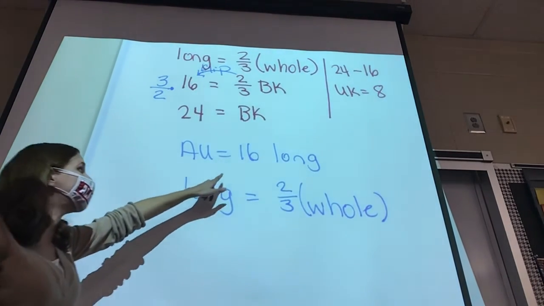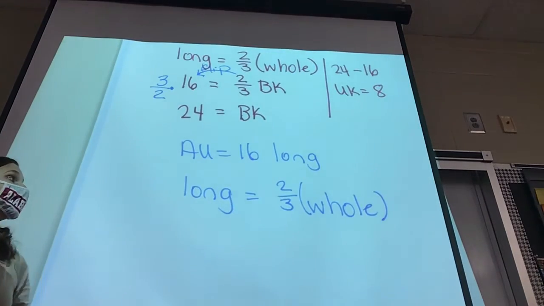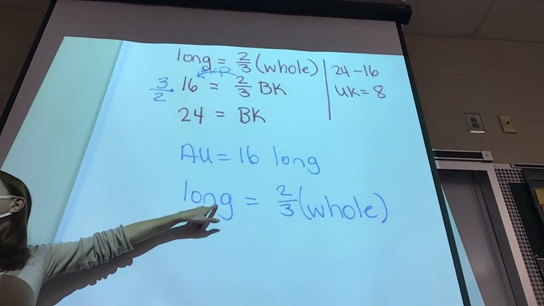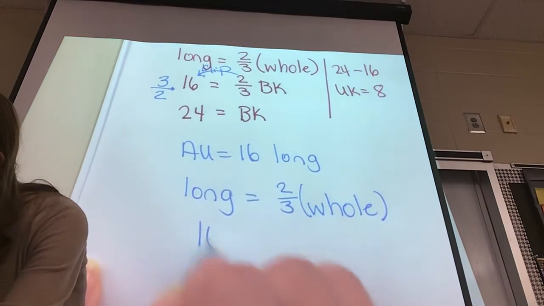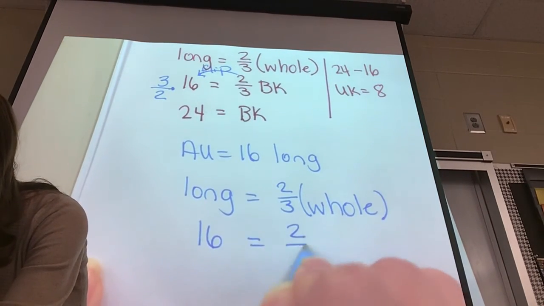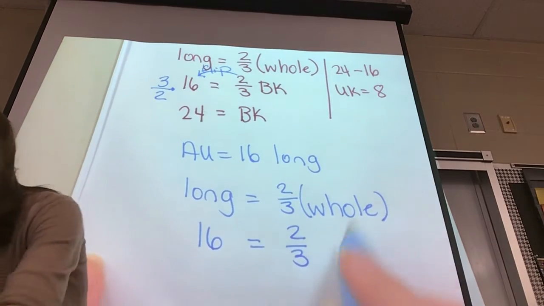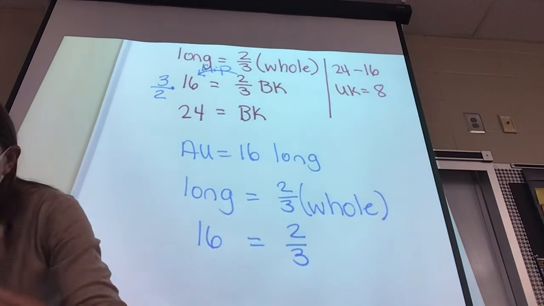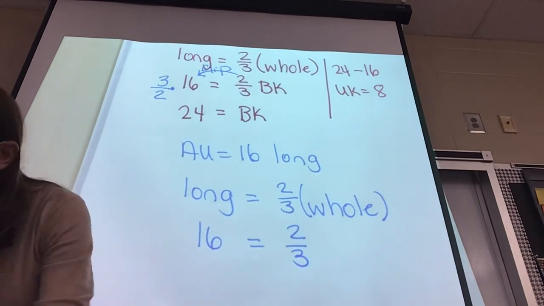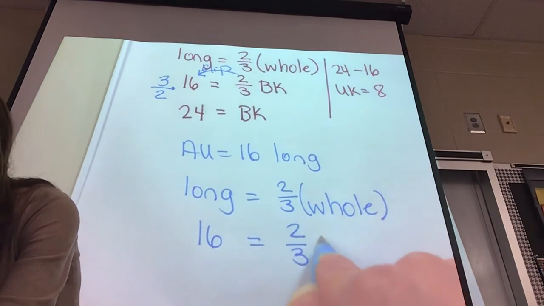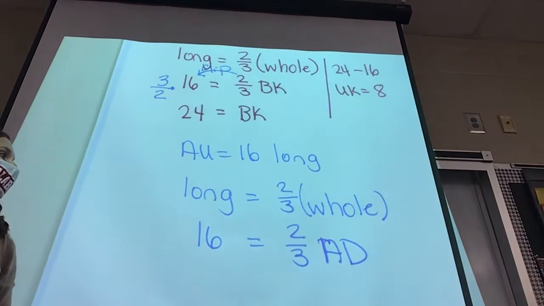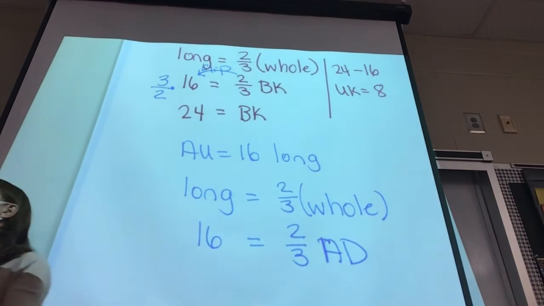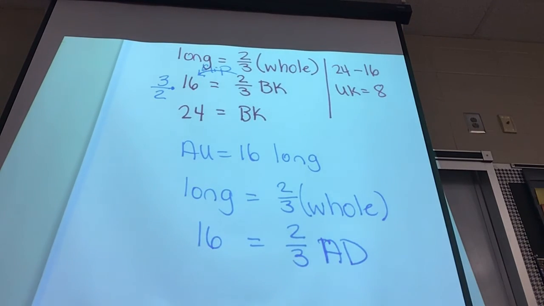So where is this 16 going to go? It's going to go right here where it says long. So it's going to be 16 equals 2/3, and whole, you know, whole in this case is going to be what? AD? So, how did I tell you to solve it if you have one on each side?